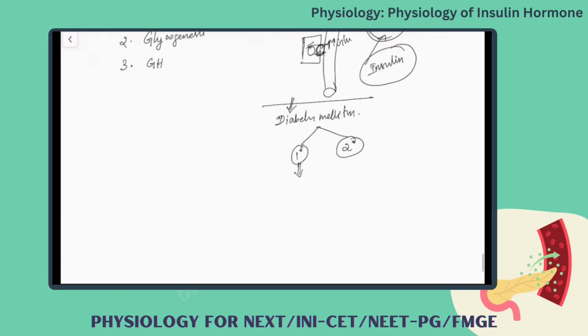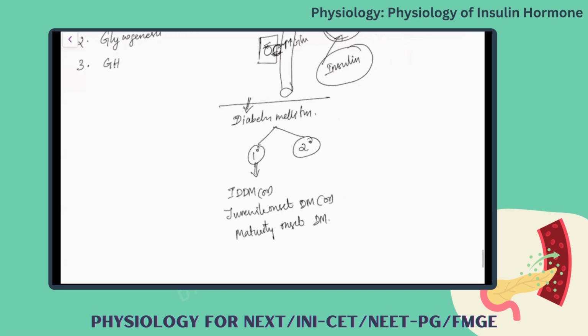Primary diabetes is also called insulin dependent diabetes mellitus or juvenile onset diabetes mellitus, which is type 1, or maturity onset diabetes mellitus, which is type 2.